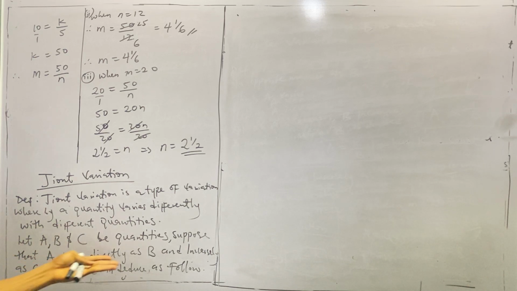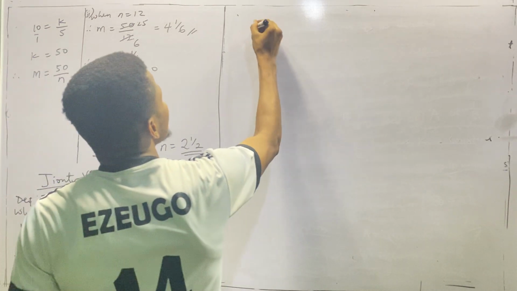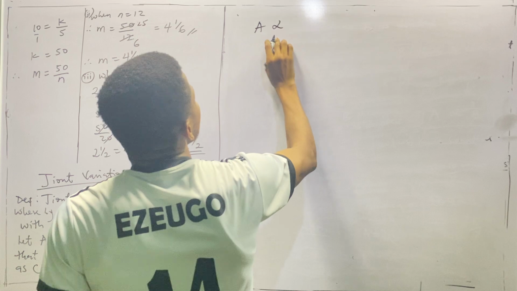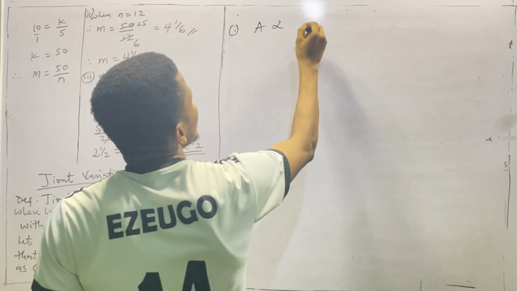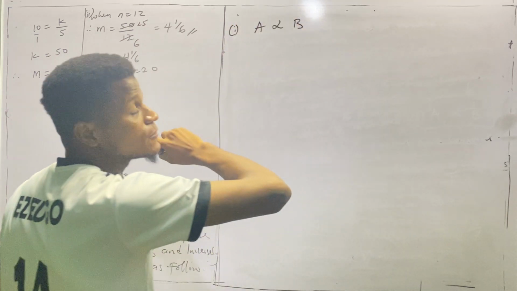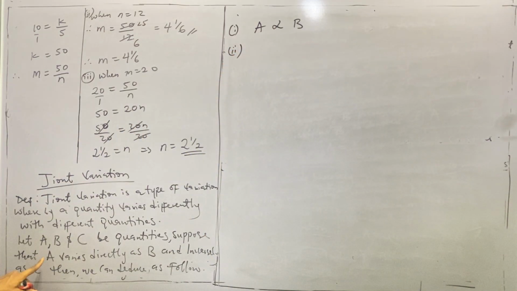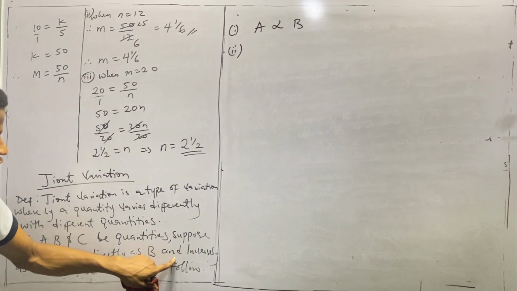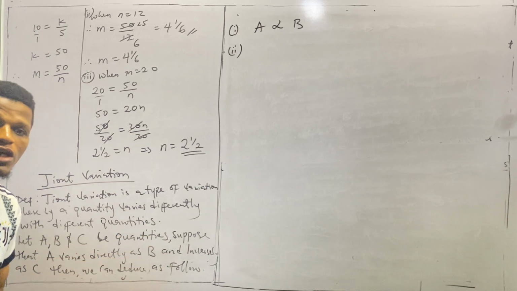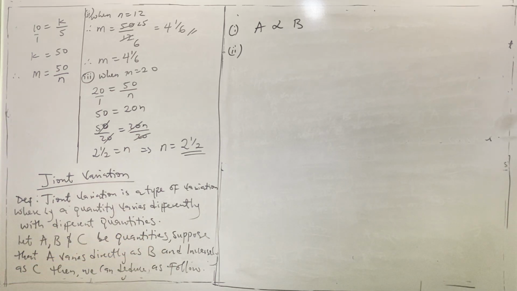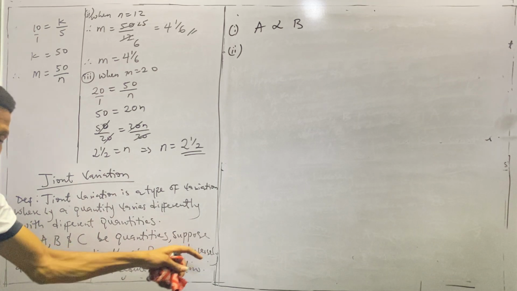In this compound statement, if we break it into two, the first part says A varies directly as B. So we can write this as follows: A varies as B. Then "and" is a word we use to join statements.